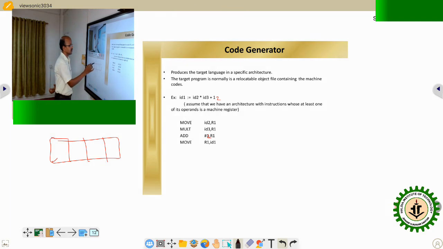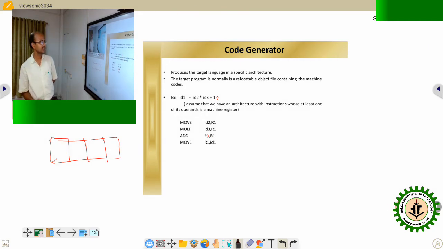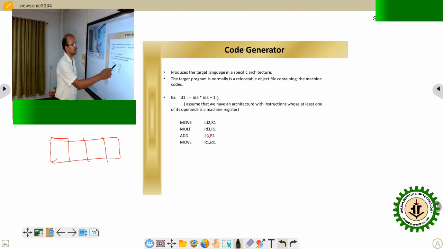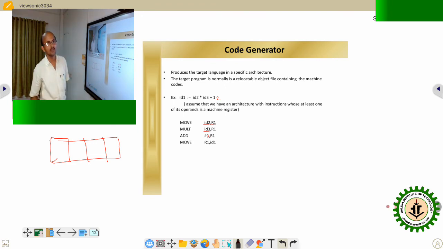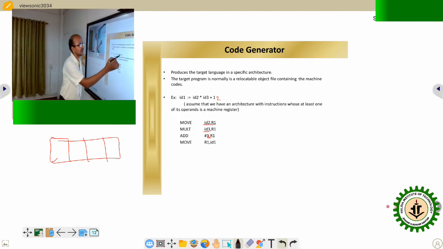So identifier 2 will first be stored into register 1, and then multiplication can be performed with identifier 3, and the result will be stored into R1. Now R1 and the constant value 12 will be added, and the result is stored into R1 itself, and ultimately your result will be stored into the identifier.